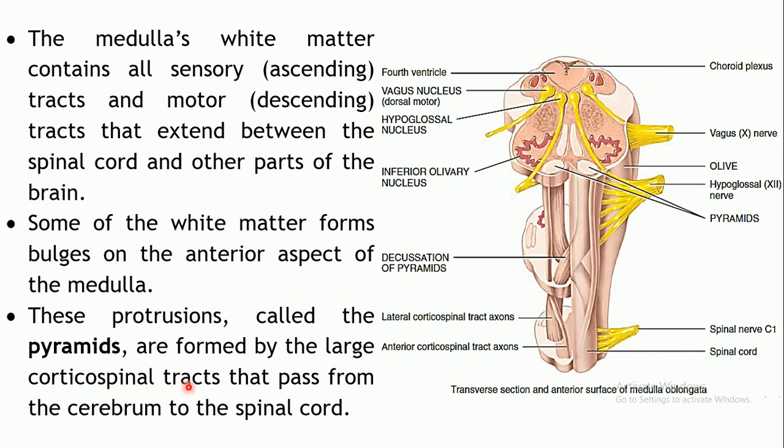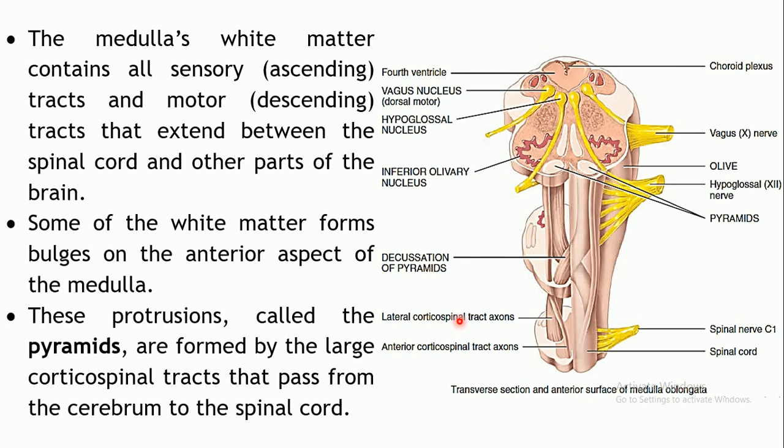Remember the corticospinal tract, anterior corticospinal tract, lateral corticospinal tract, which we have considered in the functions of the spinal cord. So these are the tracts which carry the motor information from the cerebrum towards the spinal cord, right?